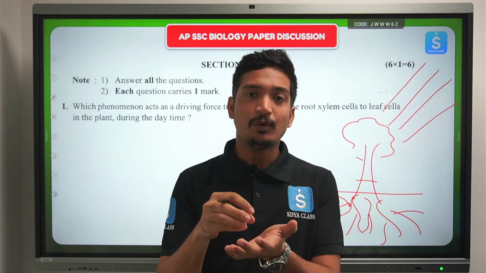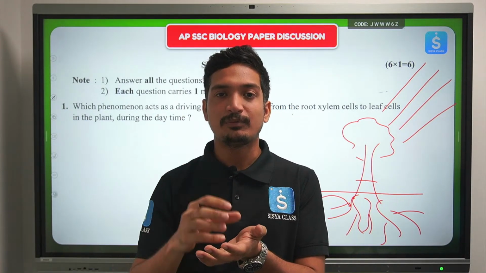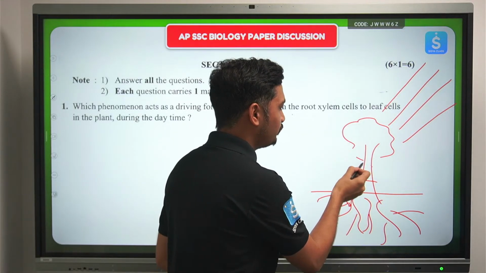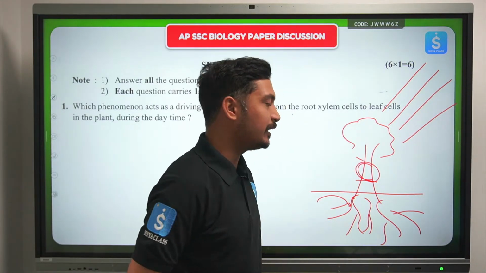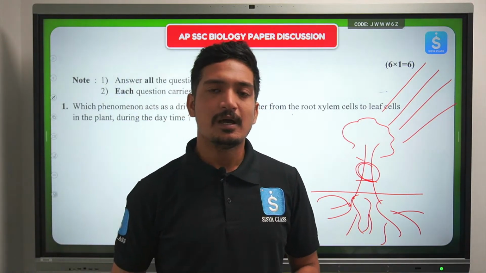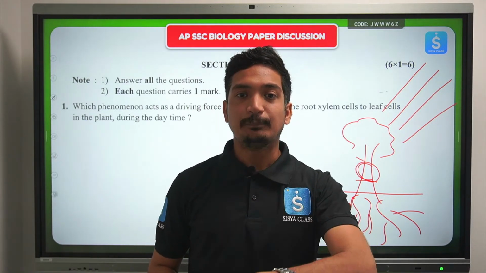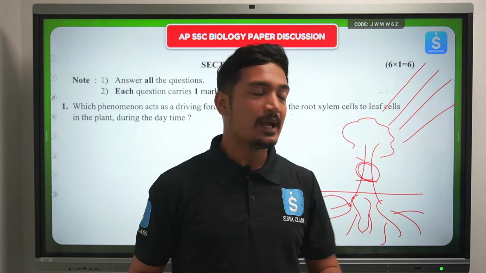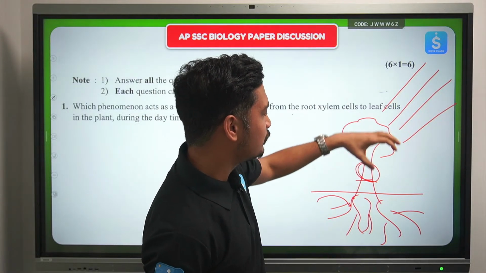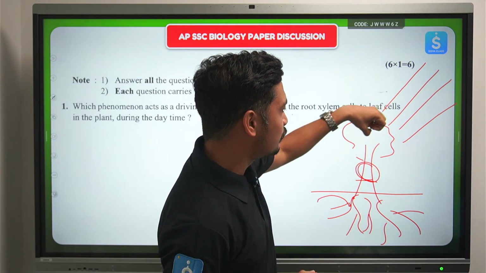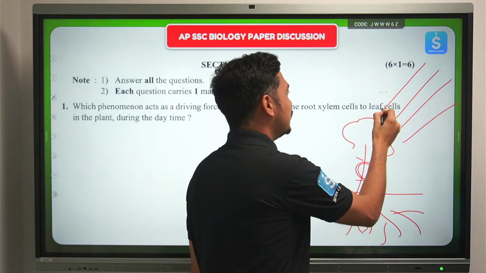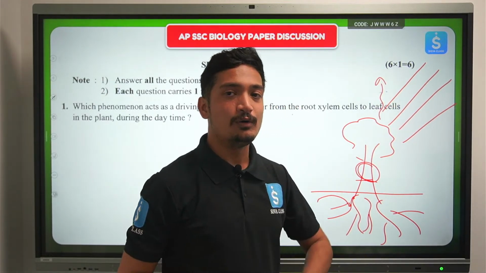Now when the water is released in the form of vapor, a partial vacuum is created in the bottom part of the tree, and therefore the water gets absorbed because of this vacuum created, and so the second force which is responsible over here is actually the evaporation of water.